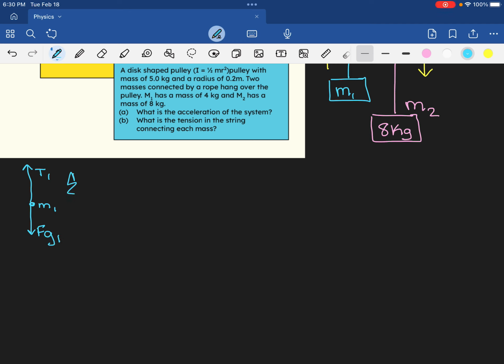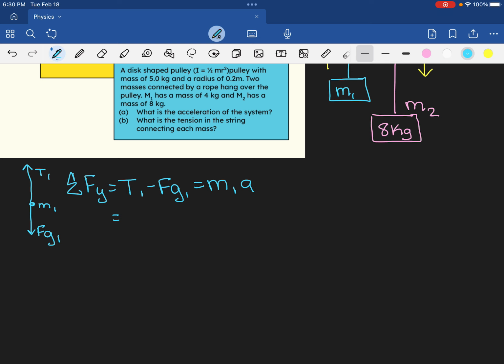Writing Newton's second law for all the forces in the y direction, I have T1 minus Fg1, and that's going to equal M1A. Be very careful about clearly labeling your masses in these problems, because we are going to be combining three equations and you don't want to get those masses mixed up.